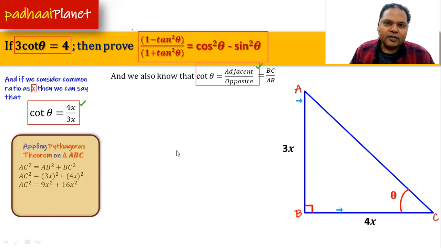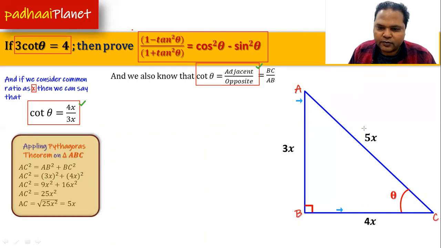Finally, what we get is AC square is equal to 25x square. And therefore, the value of AC will be 5x, right? So we have put that here, which we have found. Now we will be moving ahead and solving the question further.